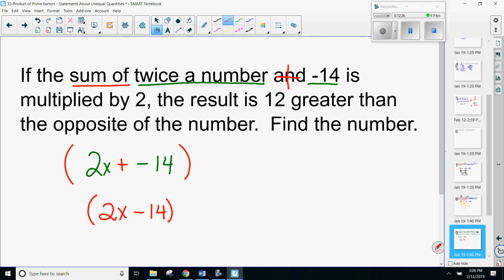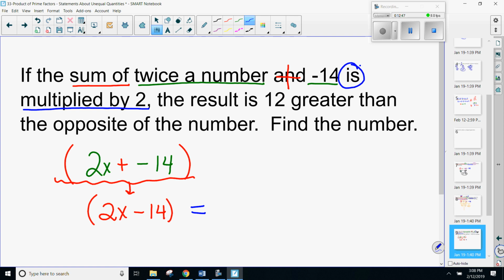Are we okay with that? All right. So I'm just going to forget about that for a second and move it down. So the sum of twice the number and 14. Then we got this word is, which means what? Equals. Oh, does it mean that in this case? Is multiplied by 2.